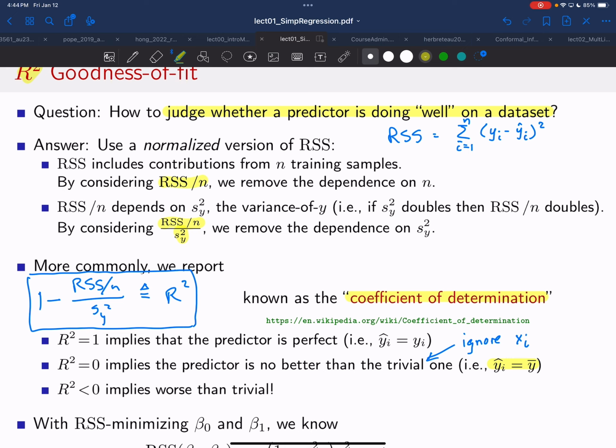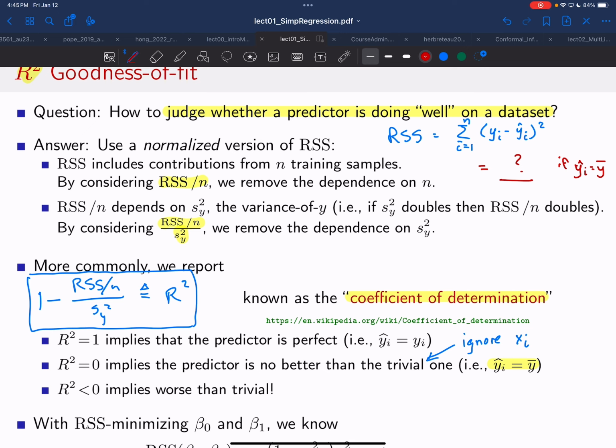And when you plug y bar into here, what does this equal? What does this equal if y hat i equals y bar?